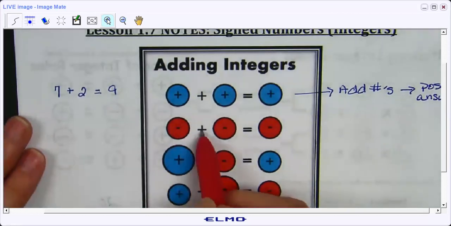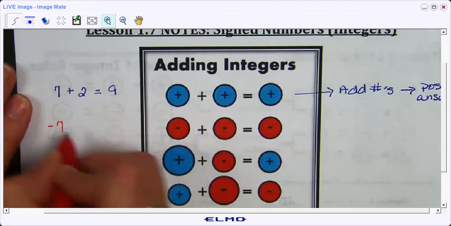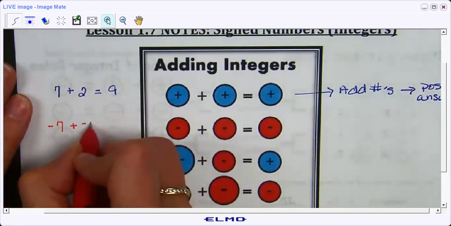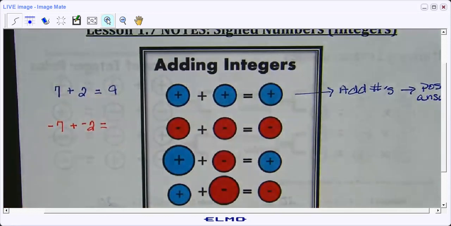A negative plus a negative. What if I took -7 plus -2? When you have two negatives, what operation do you do with that? Do you add them or subtract them? Think of it this way.